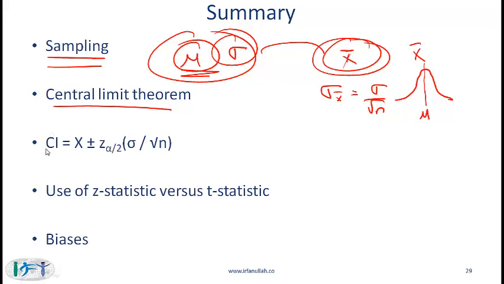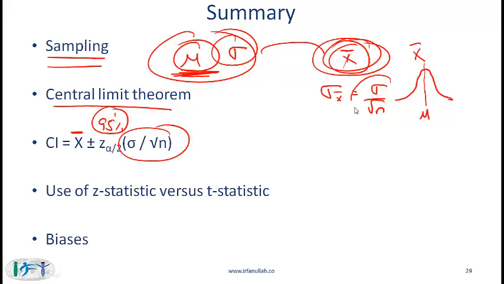The confidence interval for our prediction of the population mean is given by X bar, which is our point estimate, plus or minus the reliability factor Z alpha over 2. This is based on our confidence, say 95%, times the standard error, which is sigma over root n.